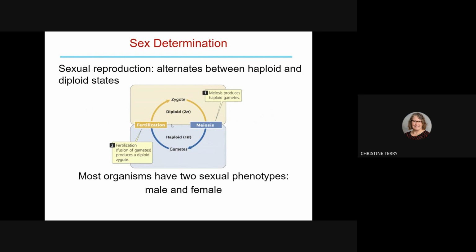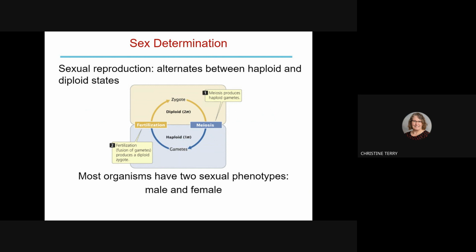So I'm going to start by talking a little bit about sex determination. Most organisms that are diploid reproduce sexually. There is some asexual reproduction, where they reproduce by budding and simply going through mitosis.